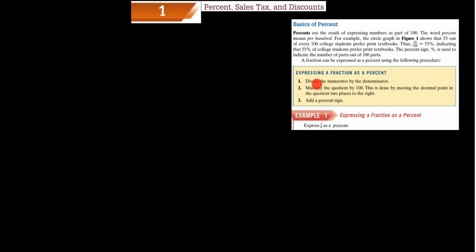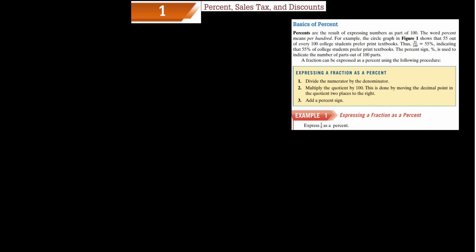You just basically take the numerator and divide by the denominator. You can multiply the quotient by 100 if you want to, but again, once you do this a lot, you're not going to need to, and I'll get to what I mean by that in a moment. And then step three, you just add a percent sign.